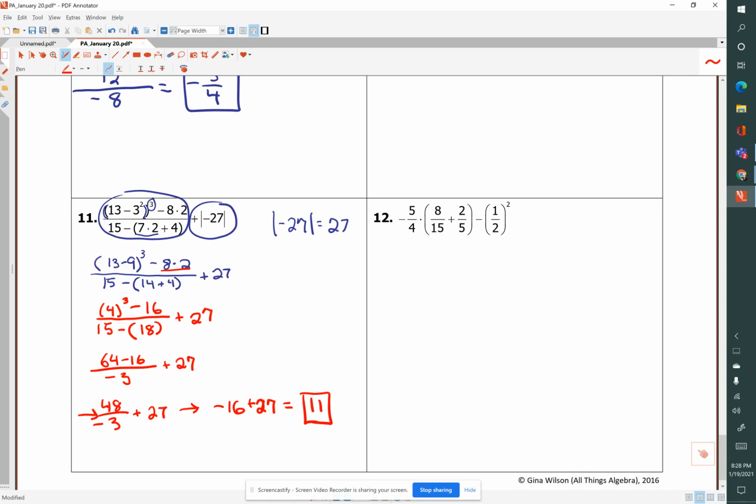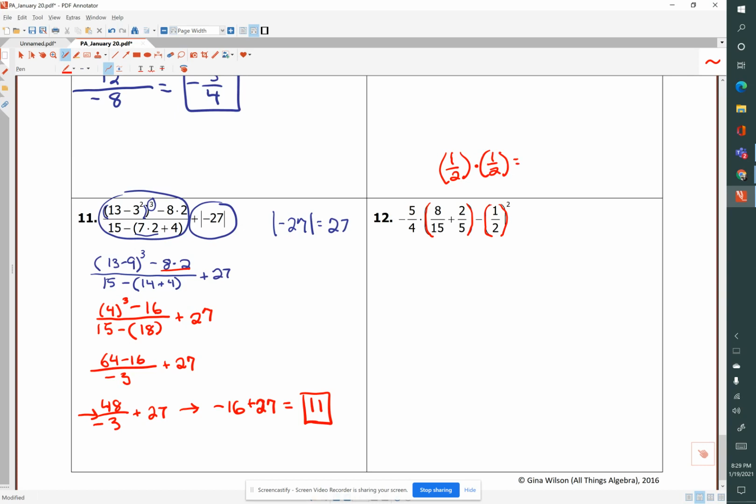And finally, let's go on to the one with the fractions, which I know you're not afraid of. We have a quantity in the middle. We have 8/15 plus 2/5. And then we also have an exponent on the 1/2. So the 1/2 with an exponent of 2, that is the same as 1/2 times 1/2.